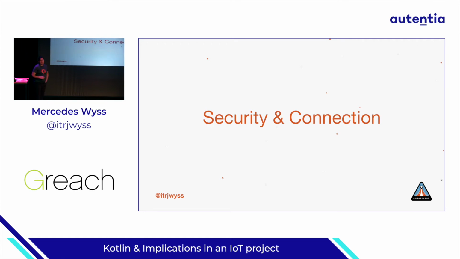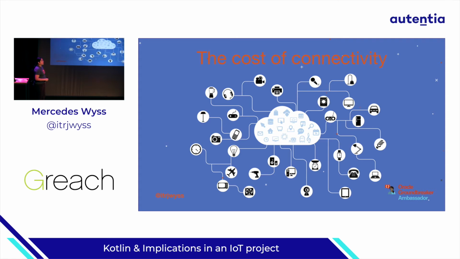So now, what happens with the security and connection in my IoT project? There is something that is the cost of connectivity in IoT projects, and sometimes people don't think about that. It's like we connect our IoT project to Wi-Fi and everything will be okay. But this is not true.